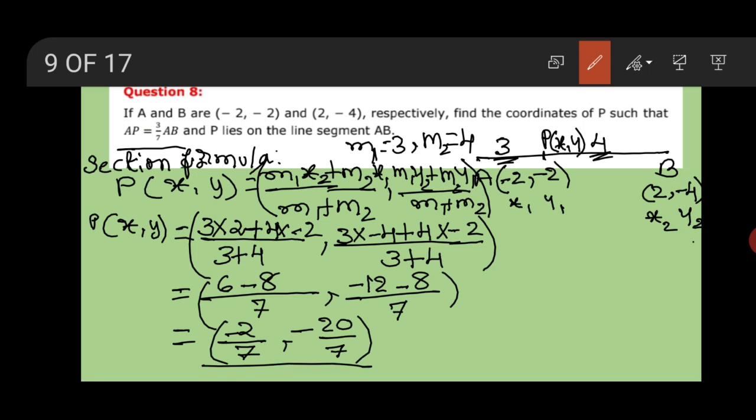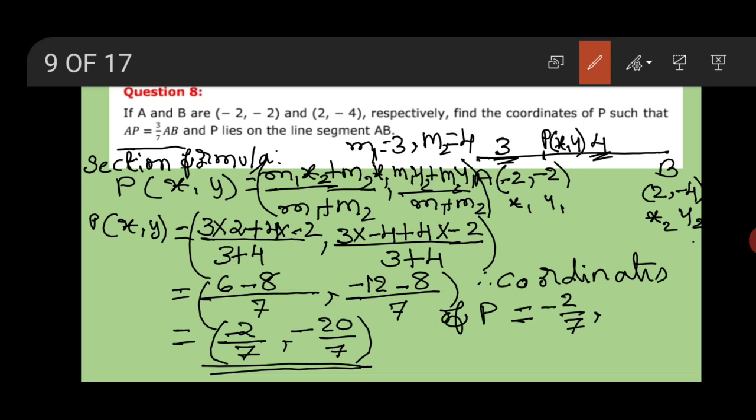Therefore, the coordinates of point P, write down in a sentence: the coordinates of point P is equal to minus 2 divided by 7, comma, minus 20 divided by 7.